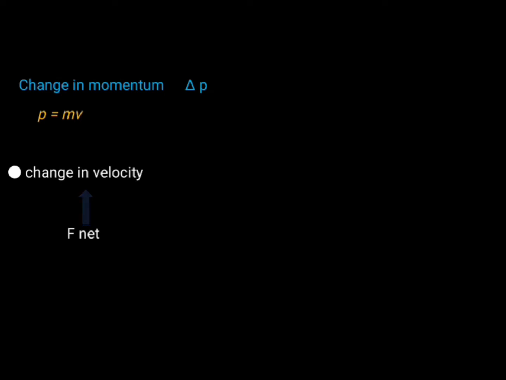Well, the net force can be calculated by saying mass times acceleration. But the acceleration quantity itself can be broken down into the rate at which velocity changes. So mass times velocity gives us momentum.